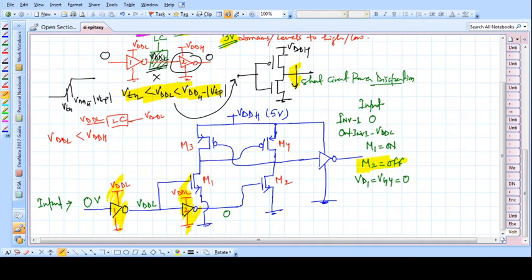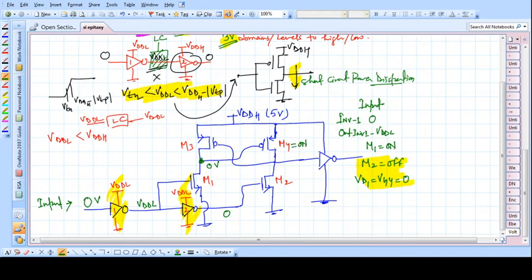This M2 becomes off when we are giving the inverter 1 input 0. Okay, that will cause VD1, VG4 to be 0. So this point we can say is nothing but simply our 0 volt. So M4 becomes turned on.